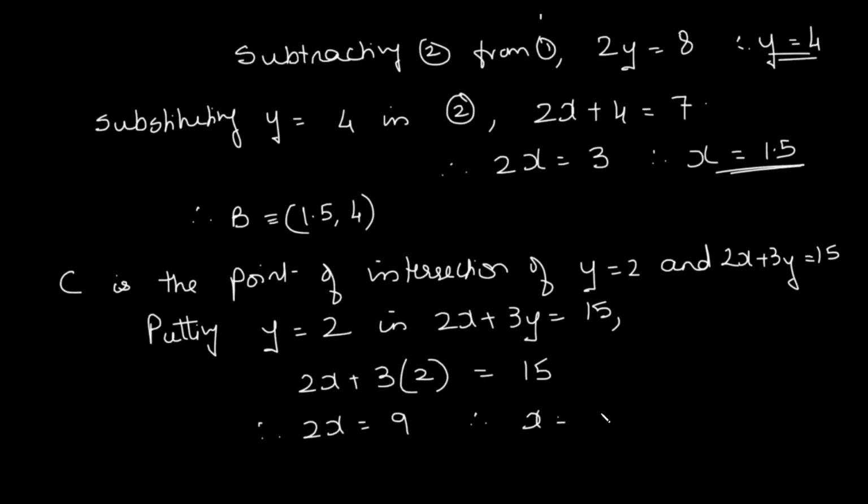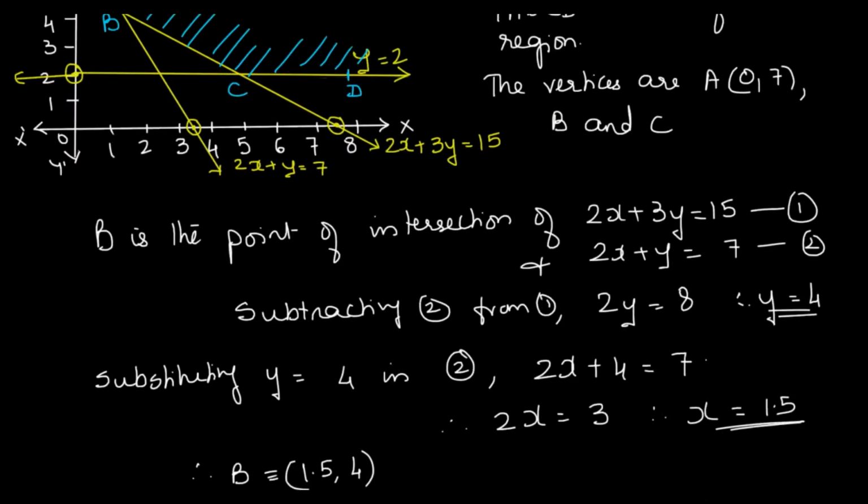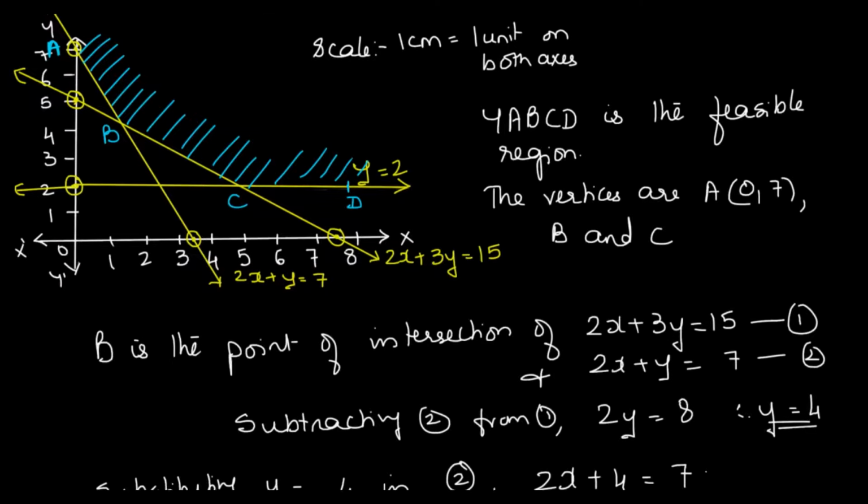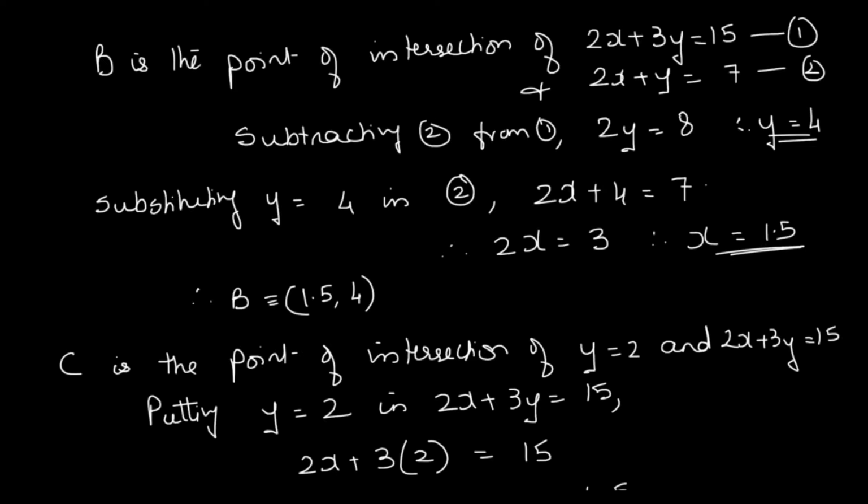Therefore, x becomes 4.5. So, therefore, C has the coordinates 4.5 and 2. So, thus we know the coordinates of all these 3 points. We know the coordinates of A, B and C.